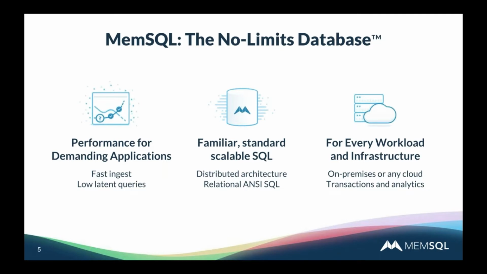We refer to it as the no limits database because there's really no limit to the scale of data that you can process with MemSQL, because it uses scale out, which I'll talk more about. And you can do transactional workloads and analytical workloads on the same platform.